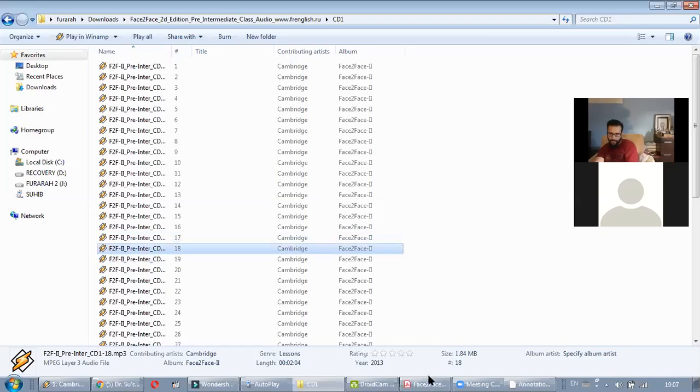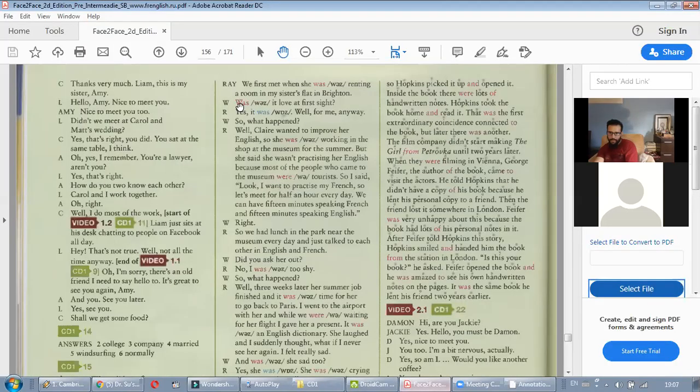Track 18. How did you meet your wife, Ray? We first met when she was renting a room in my sister's flat in Brighton. Was it love at first sight? Yes, it was. Well, for me anyway. So, what happened? Well, Claire wanted to improve her English, so she was working in the shop at the museum for the summer.